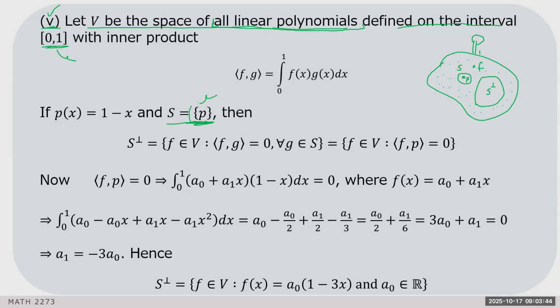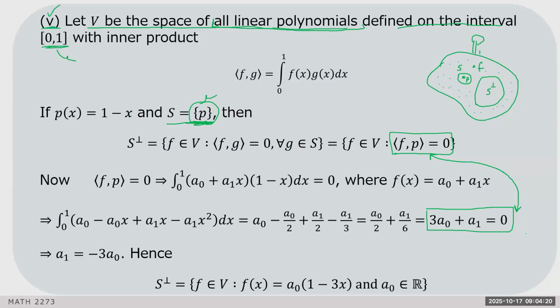So if I have one vector in S, how many constraints am I expecting? I'm expecting one constraint. And that one constraint will show up in the form of a linear equation. So this equation is the same as this condition: the constraint that this vector f in my space P1 needs to be perpendicular to P, right? This is what this constraint looks like in the form of a linear equation.